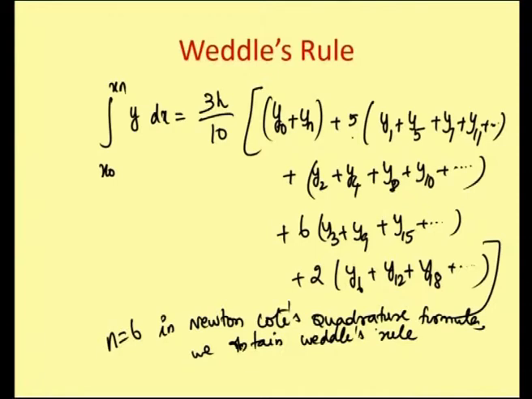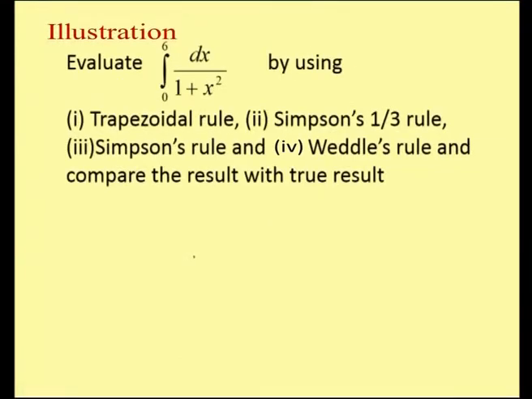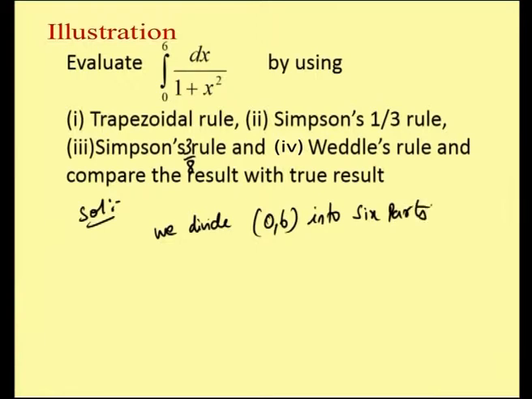Let us see this example. Evaluate integral 0 to 6 dx divided by 1 plus x squared by using first of all the trapezoidal rule, Simpson's 1/3 rule, Simpson's 3/8 rule and Weddle's rule, and also compare the result with the true result. We divide the interval 0, 6 into 6 parts, so that we can apply Simpson's 1/3 as well as Simpson's 3/8 rule.